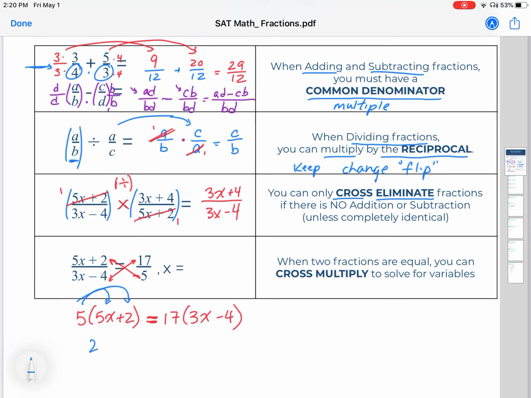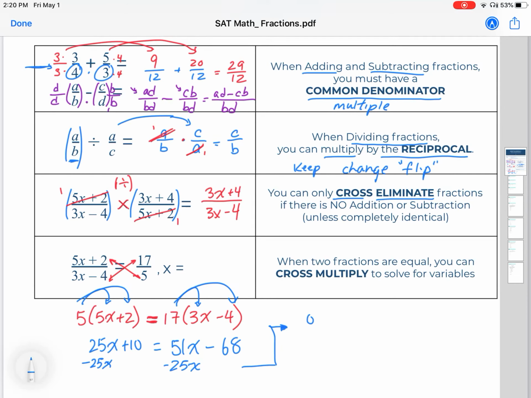So this will give me 25x plus 10 equals 51x minus 68. Okay, that was again distributing my 17 right here. So simplifying this, I'm going to subtract 25x on both sides. And I'm going to just need to move this over to the right side here to give myself a little bit more room.